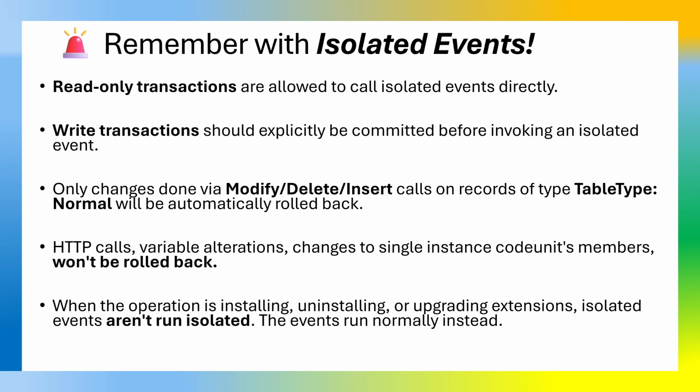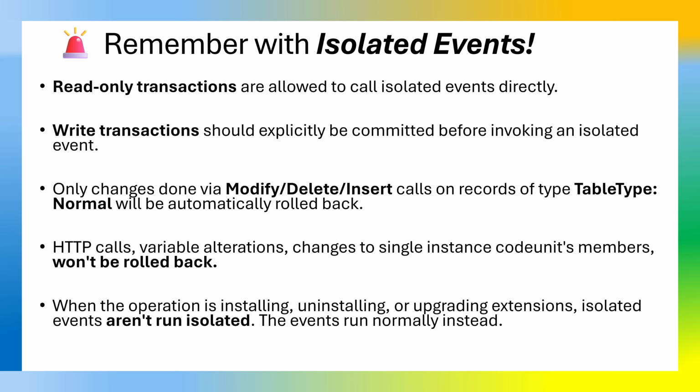During the installation, upgrading or uninstalling of the extension, isolated events are considered normal. They are not isolated at that moment. And when you read the Microsoft article about it, it very clearly says why that happens.